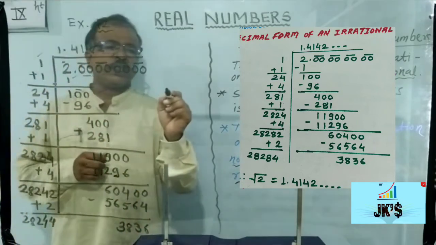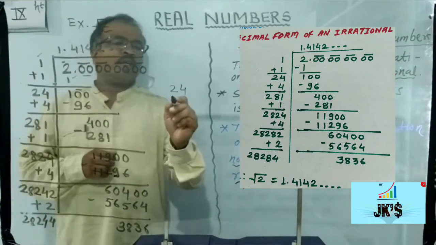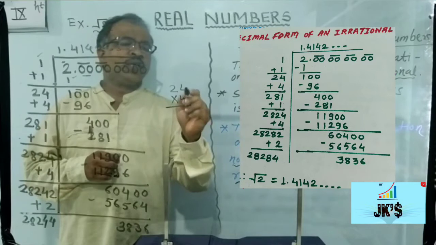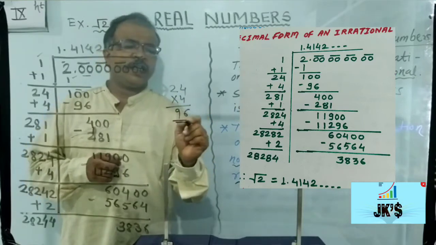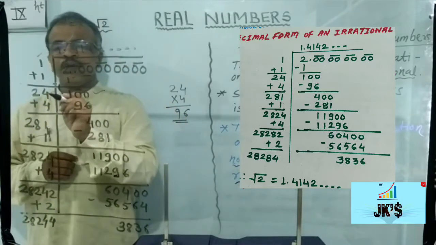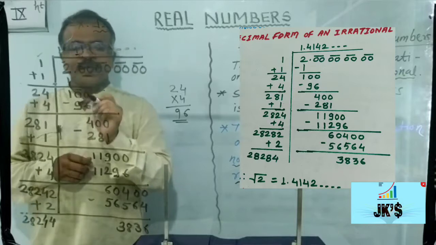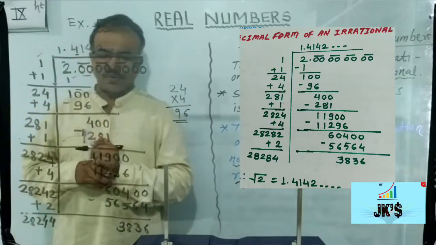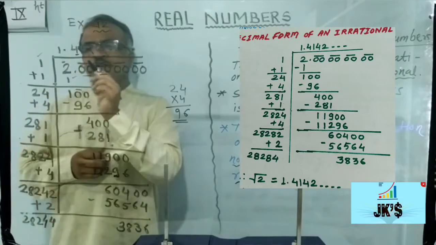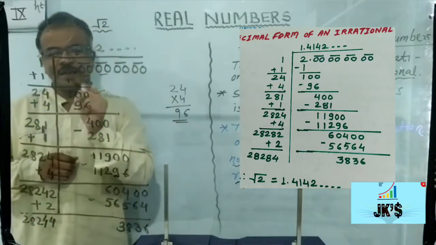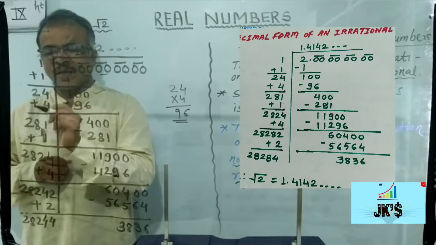When we substitute 4 after 2, then 4 4s are 16, 4 2s are 8 plus 1, 9, 96. So we divide by 4. 100 minus 96 is 4. We take the next group, it becomes 400. We add 4 plus 4, 8, and 2 as it is.